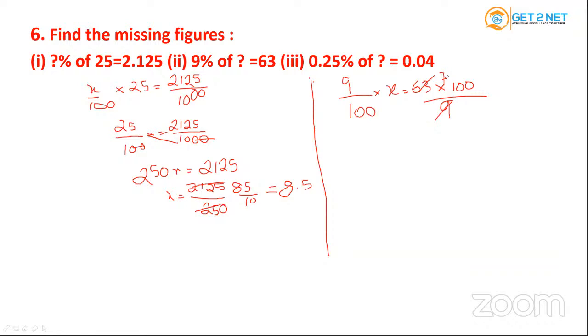Yes, ma'am. This question: 0.25% of x is equal to 0.04. So what will I write? How would I do it? What will be my equation? I can write like this: 0.25 x divided by 100 equals 0.04, right?